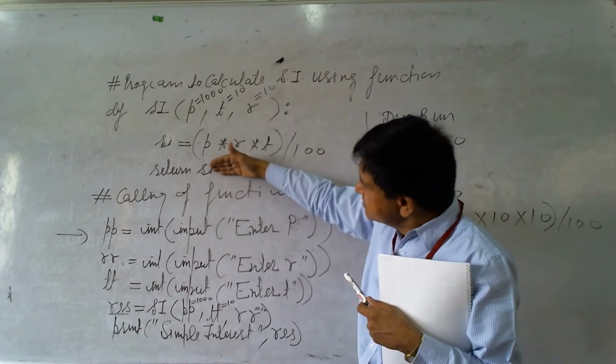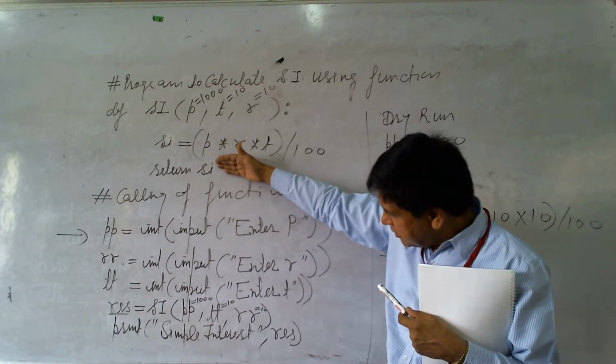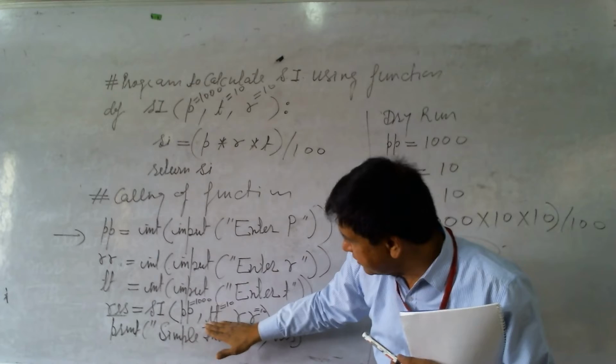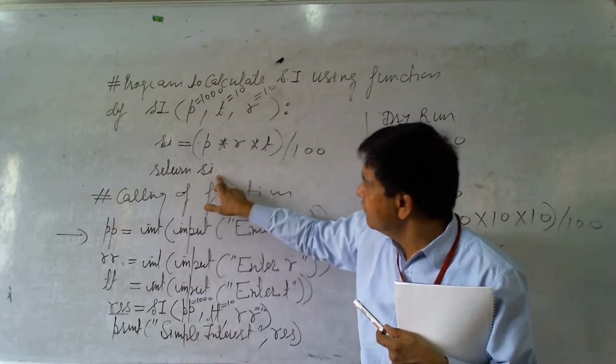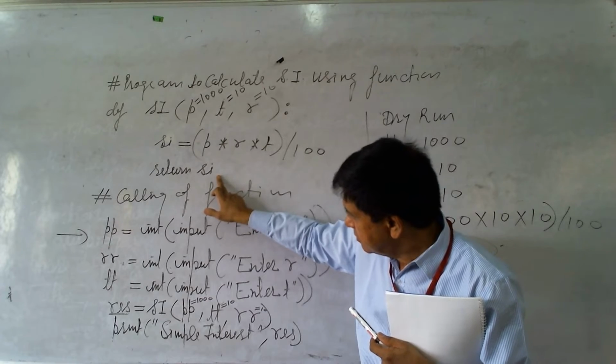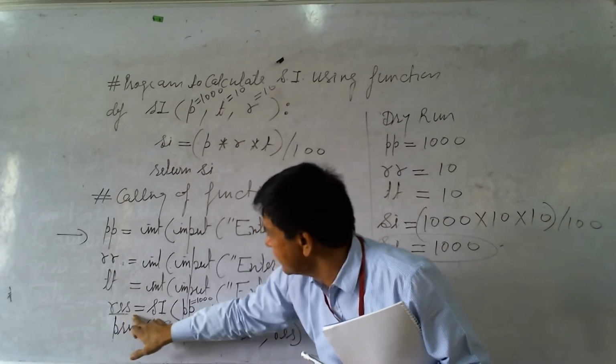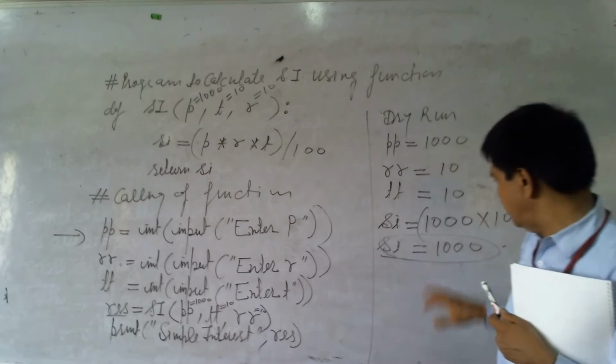When this statement is executed, the program control goes back to the statement from where it was called. So the value of si is communicated to this res variable. Now the res variable has the value which I have shown here.